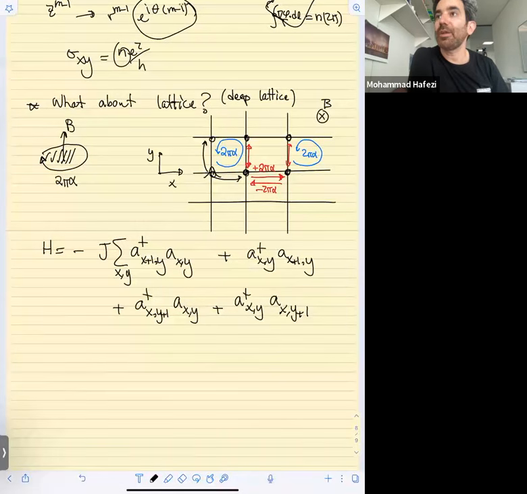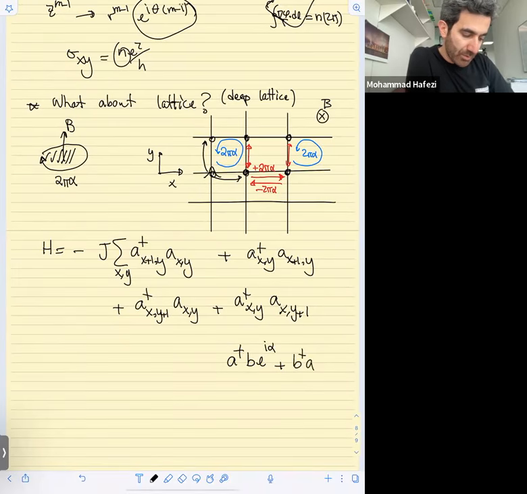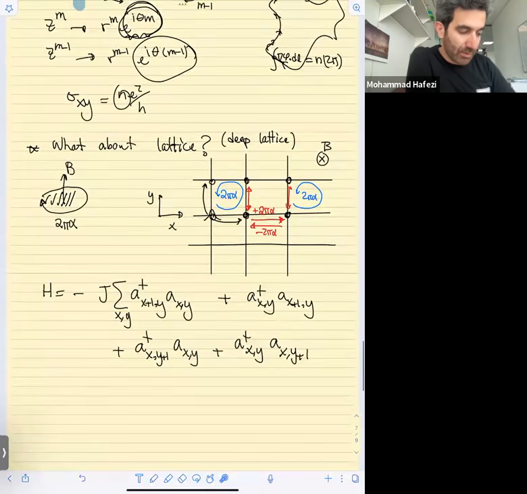The Hamiltonian should be Hermitian. So if I'm hopping from site A to site B and it is accompanied with a phase, if the Hamiltonian wants to be Hermitian, then it should get the opposite phase. Since the Hamiltonian is Hermitian, when I'm going backwards, I should get the opposite phase.